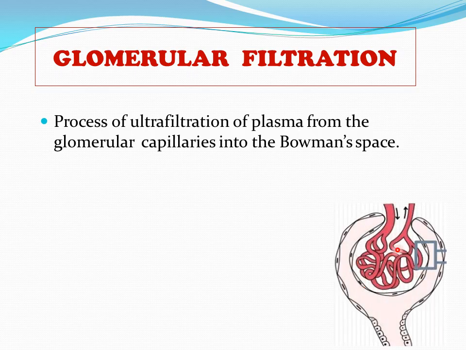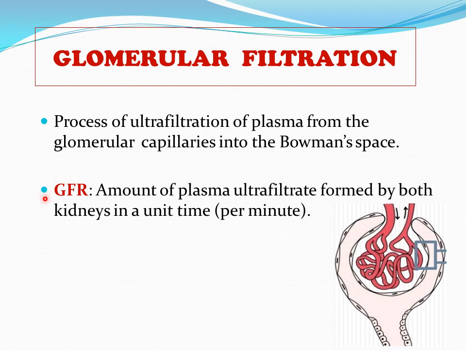This is the glomerular network present within the Bowman's capsule, here is the Bowman's space, and here will be the renal tubules. It is called ultrafiltration of plasma because the whole blood will not filter through here. Only the plasma portion will get filtered. The cellular portion of the blood, that means RBCs, WBCs and platelets, are not allowed to filter through. So only the plasma will be filtered from here to here.